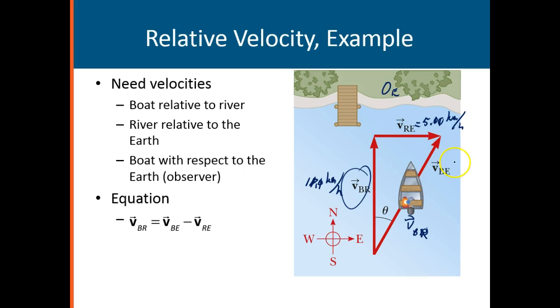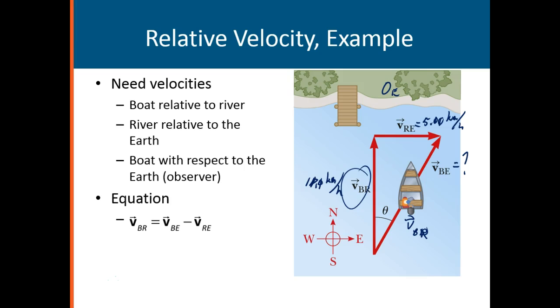So this is what we're looking for. Now, we know the velocity of boat relative to the river plus the velocity of river relative to Earth is going to give us that. Vector addition shows you that. This plus that equals this. That's what we're looking for. So, what are they asking for, though?